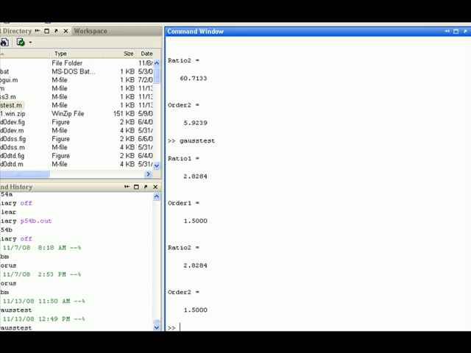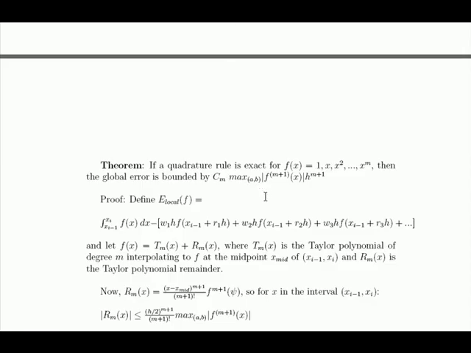Why? The answer to that question can be found by going back to the theorem on which the order is based. Our Gauss 3-point formula, remember, is exact for polynomials of degree 5. Therefore, the error is bounded by h to the 6th power. However, there's the 6th derivative of f in front of it, the maximum 6th derivative.